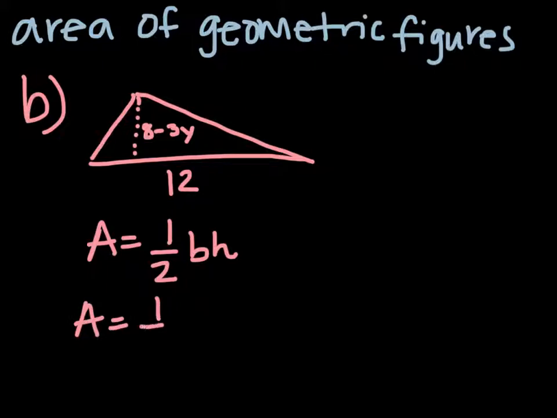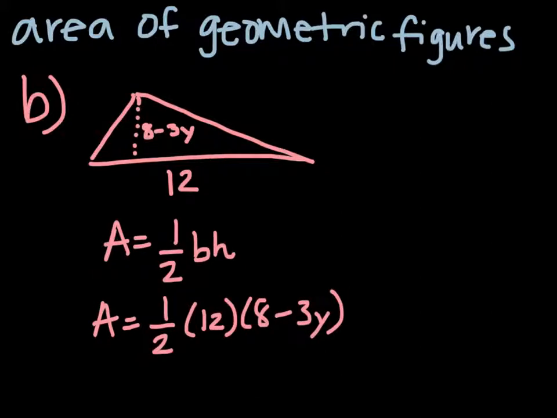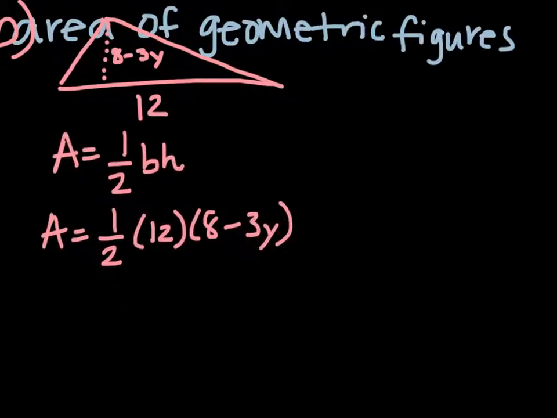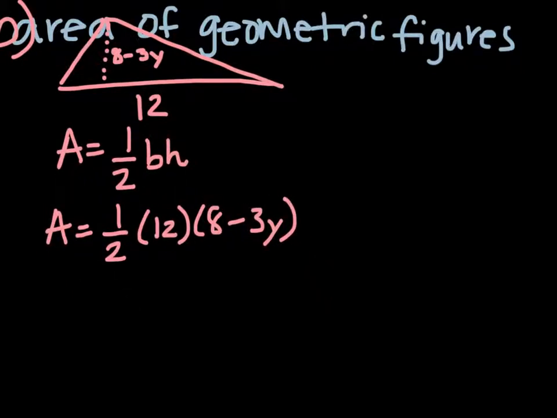Area equals 1/2 of our base, 12, times our height, which is 8 minus 3y. We'll apply the distributive property to solve now. First, we'll get rid of this 1/2 by multiplying it by 12 to give us 6. So we'll have 6 times 8 minus 3y.